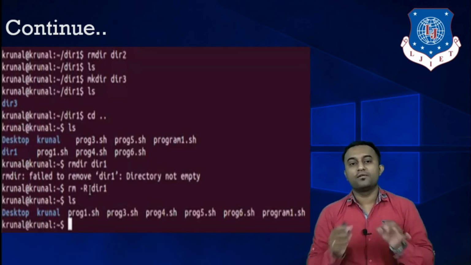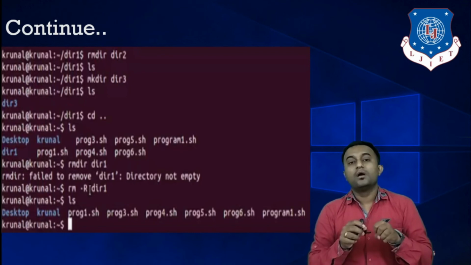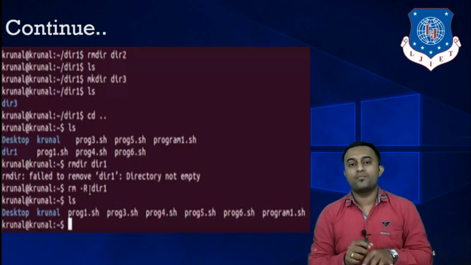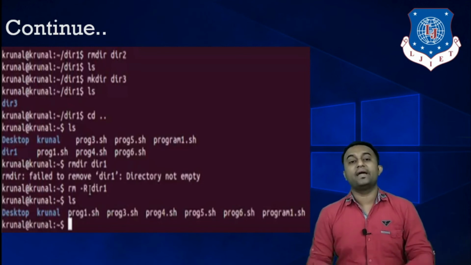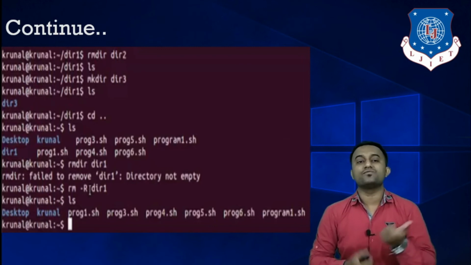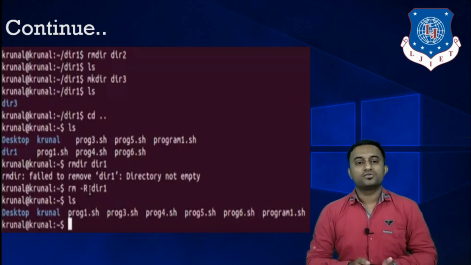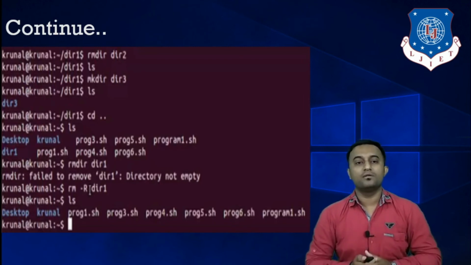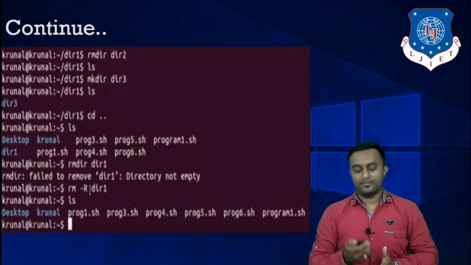So first it works on the content of the directory, meaning removal is performed on the subdirectory first, and then the outer directory is removed. That's why it is called recursive. Fine. Now you can fire the ls command. You can see there is no dir1 present in this directory.